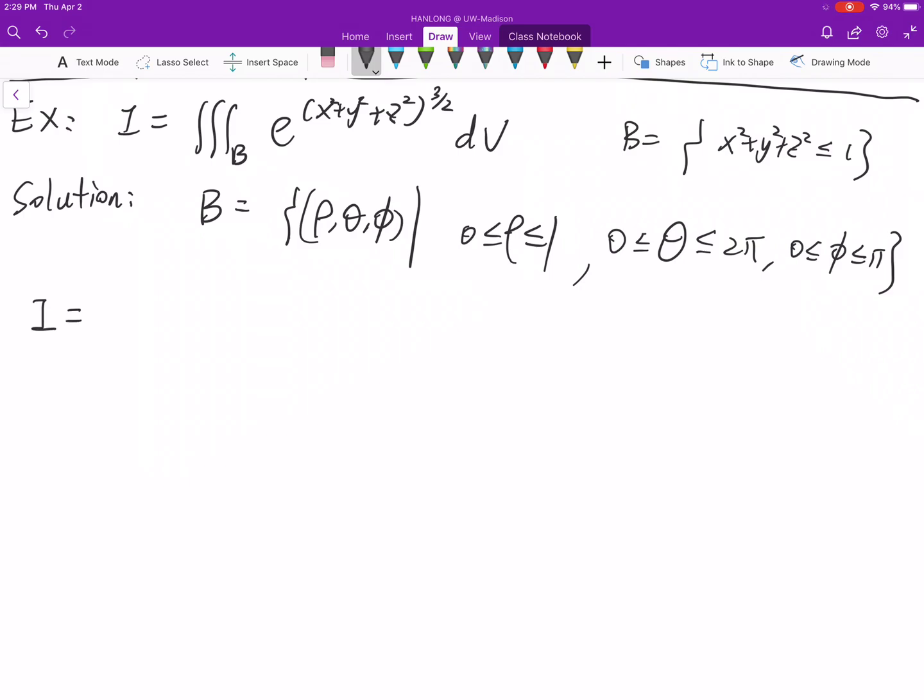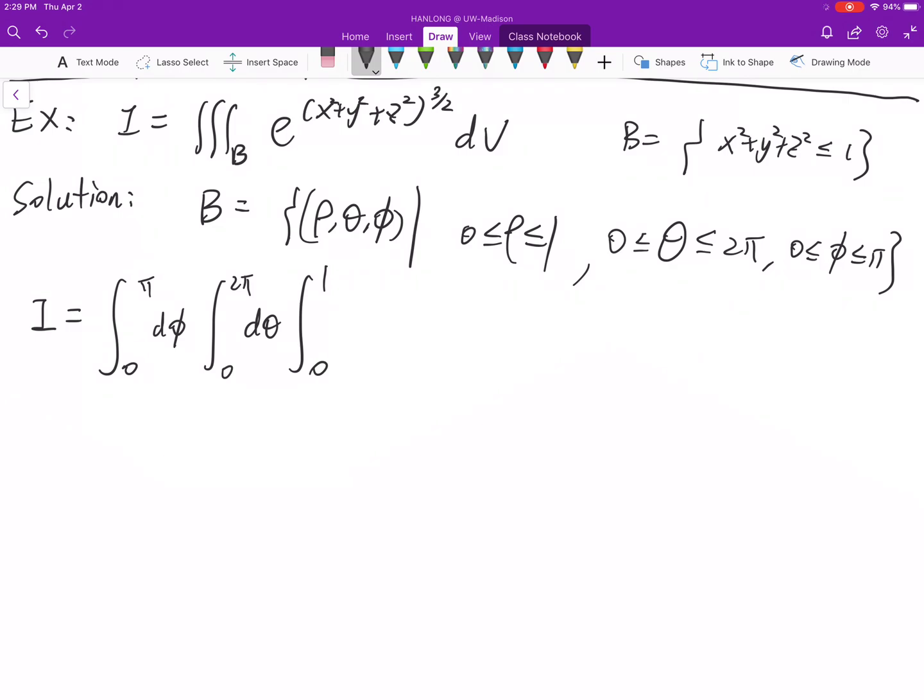And then I is given by first integrating phi, and then theta, and then inside you have rho. Of course, you can change the order, because you can project in any order.